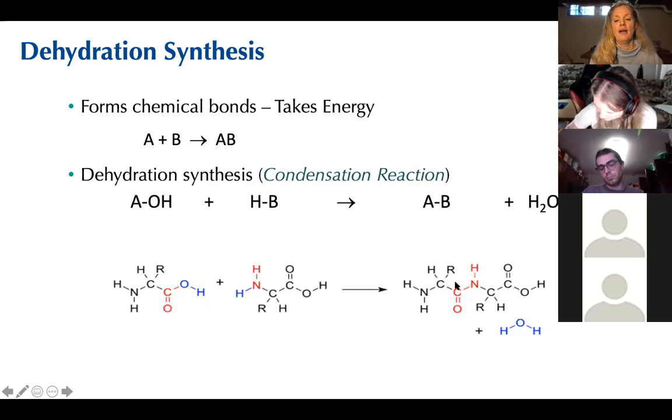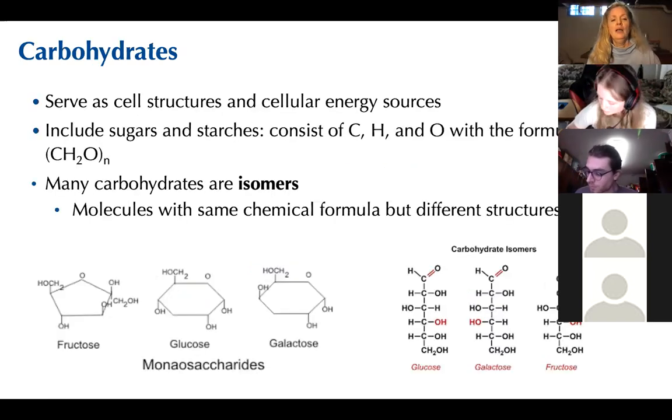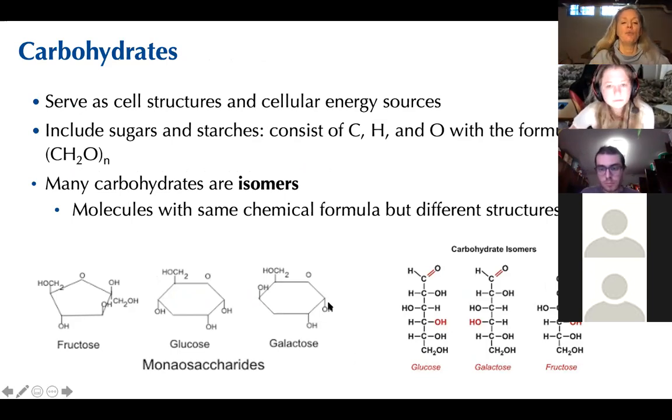And so we now have the amino acid, and we've removed water as a condensation or a dehydration synthesis. And you'll see that we do that over and over again, dehydration synthesis, when we're forming bonds to join our monomers of our sugars together.